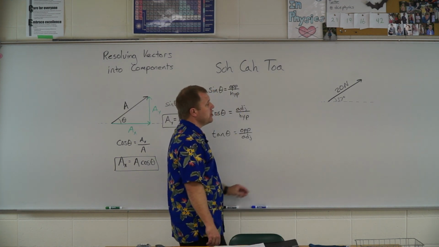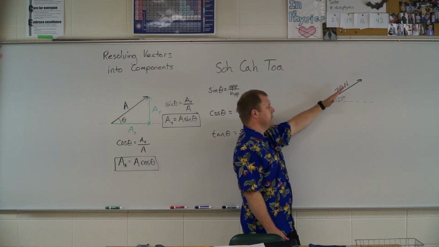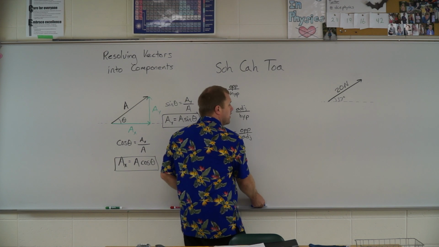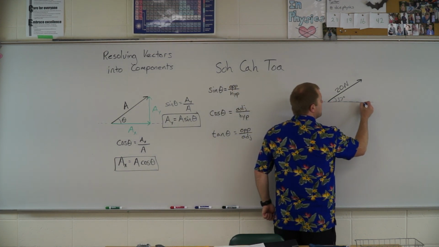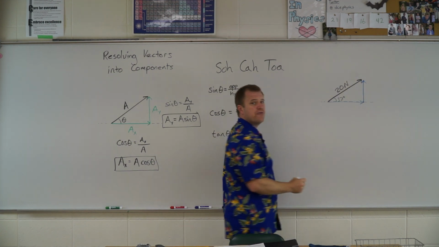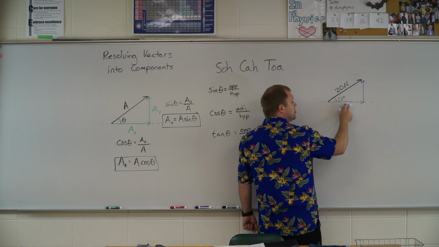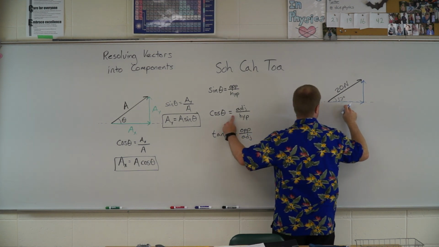Okay, so I drew my picture, so I have my 20 newtons, 37 degrees above the horizontal is my angle, and I want to know how much is pulling horizontally and how much is pulling vertically. So this side down here is adjacent, so I'm going to be using my cosine.